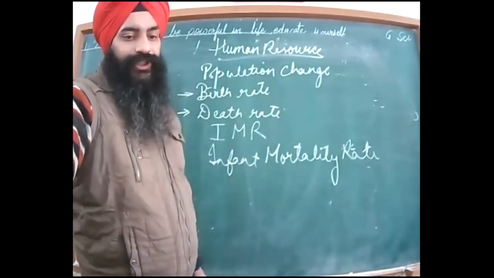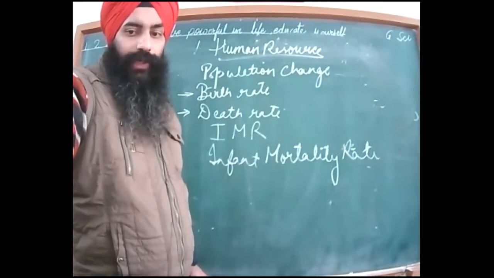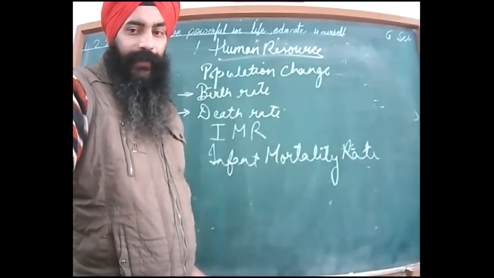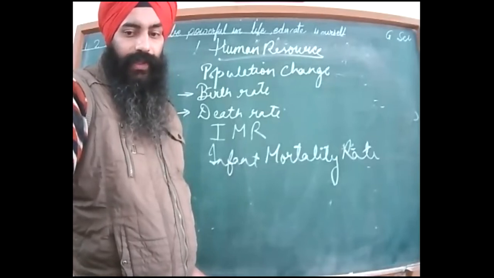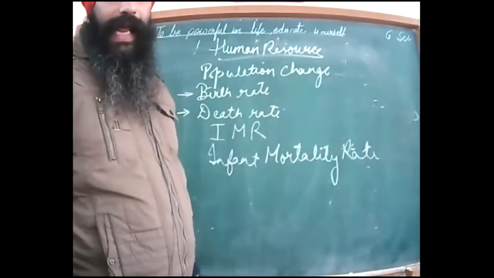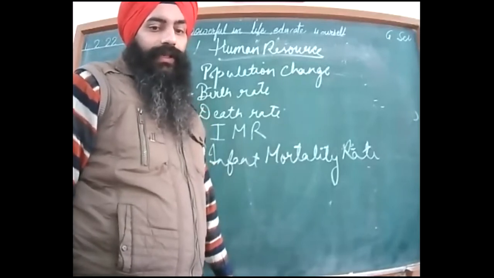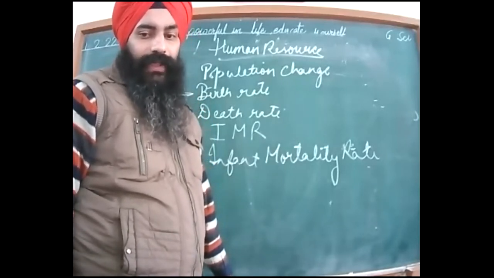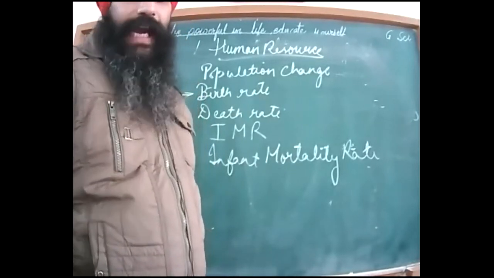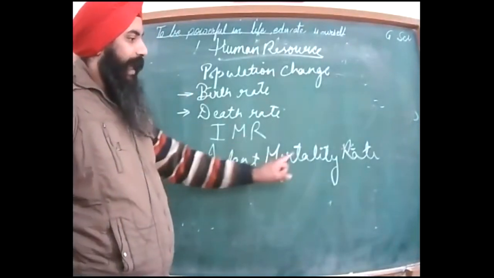Those kids who die before the completion of 1 year due to poor medical facilities, lack of awareness, illiterate parents, malnourishment, which leads to the death of a child below 1 year, is known as the infant mortality rate.